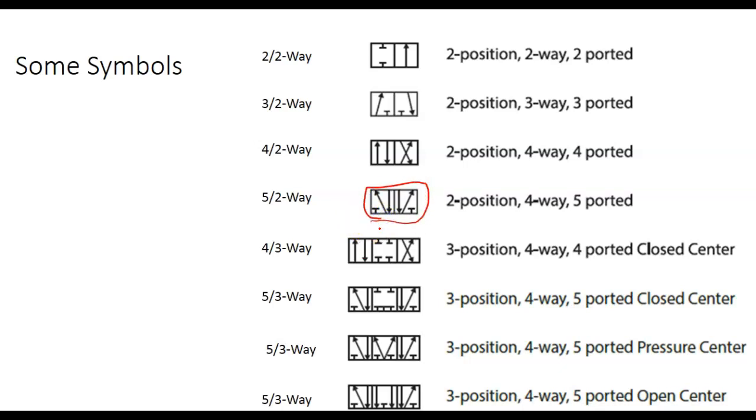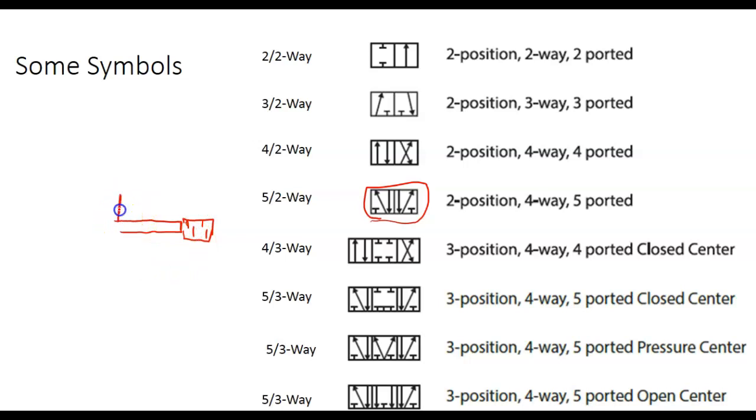So what happens is, if a 4 two-way, one of them would have to exhaust. We'd only have one exhaust. So no matter which position you're in, so let's say this was exhaust, and then my exhaust is right here.